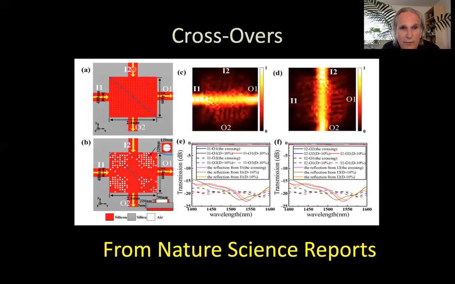The other thing that can be done is crossovers. We talked about doing 64 by 64 crossbars, and you have a lot of channels. That 50 by 50 crossbar was 2,400, 2,500 channels that had to cross over each other. Crossovers, you can get low loss in silicon photonics, but it's hard work.